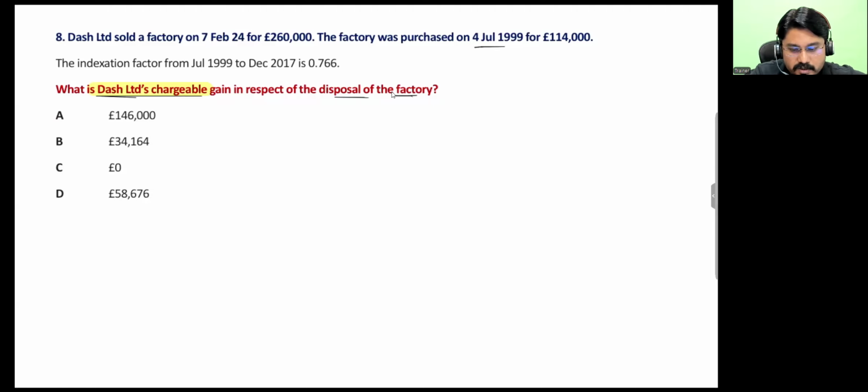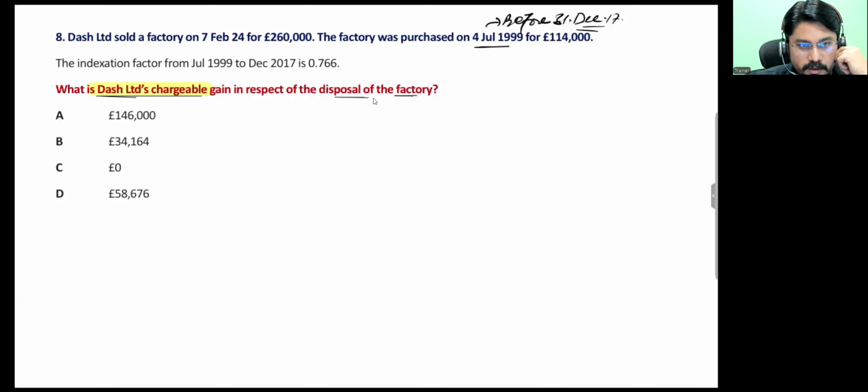This asset was purchased on 4 July 1999, which is before 31st December 2017. So when this asset is disposed, indexation allowance will be added to the cost of the asset. Keeping this in mind, you can start attempting this question.